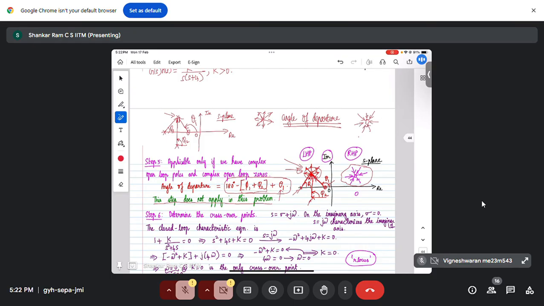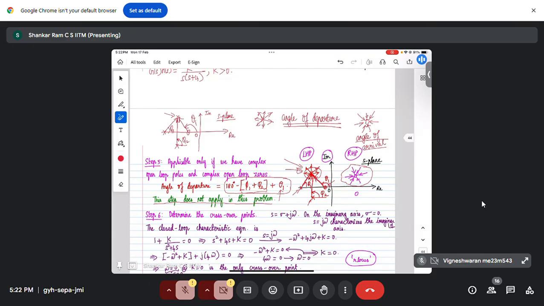That is why the corresponding calculation is called the angle of arrival. So when we have a complex open loop zero, we do the angle of arrival calculation on it. That is exactly the complement of this.